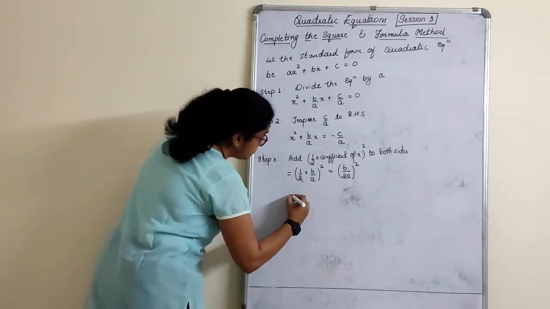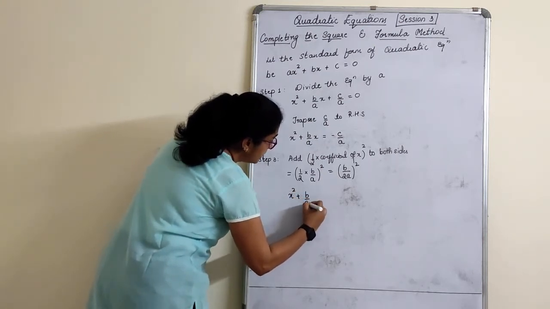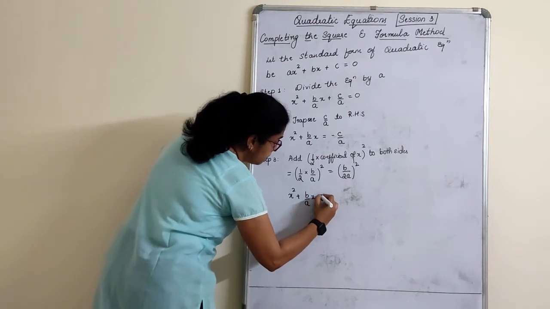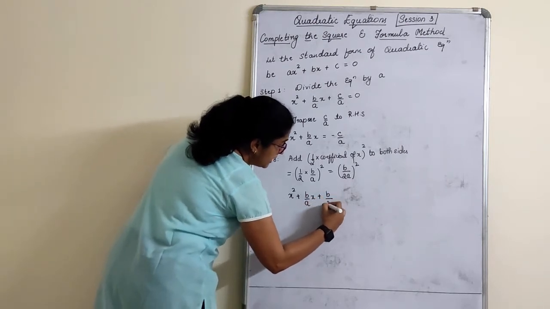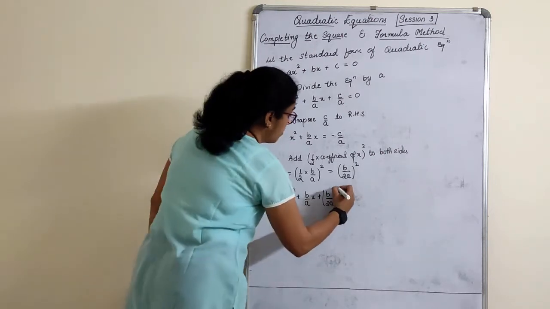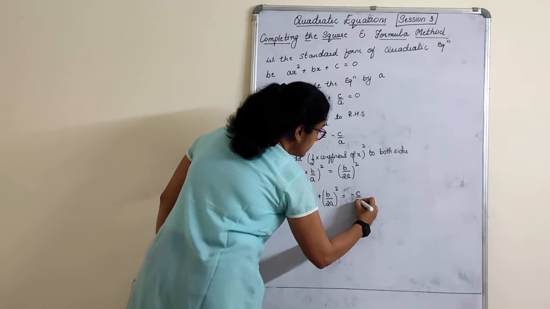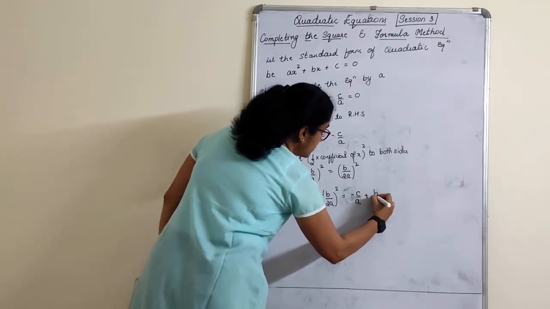So x square plus b by a of x plus b by 2a whole square is equal to minus c by a plus b by 2a whole square.